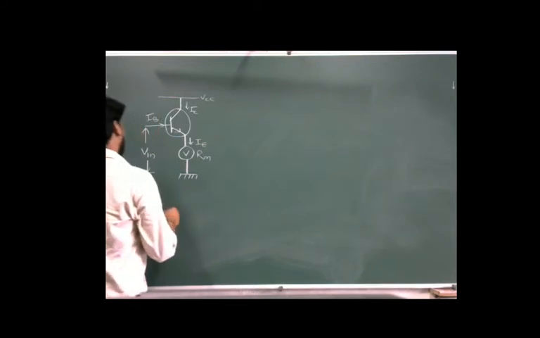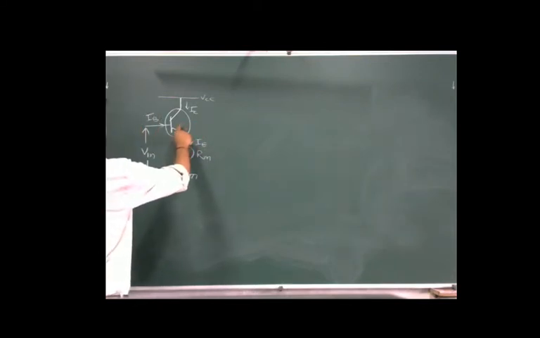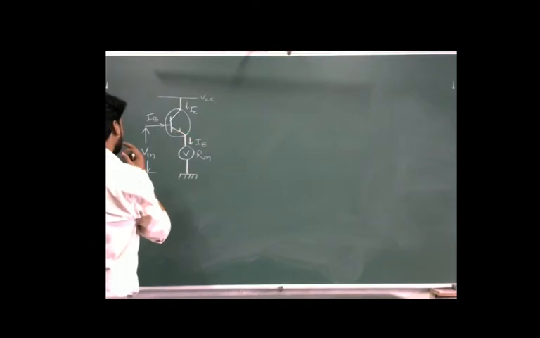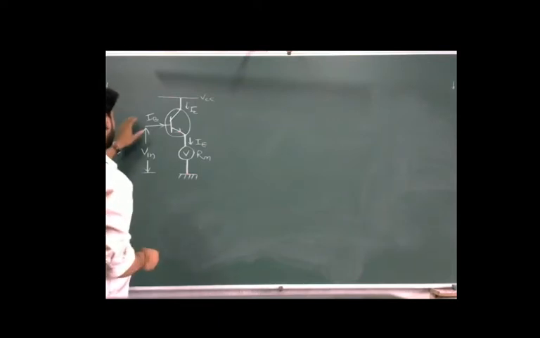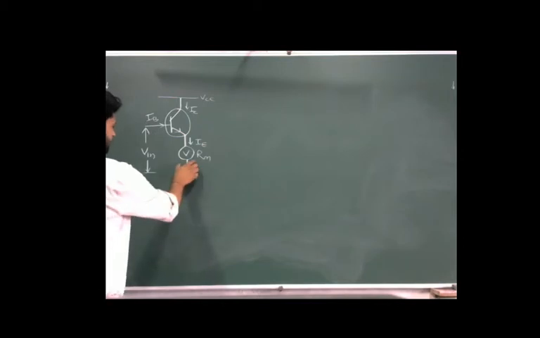By adding the emitter follower BJT transistor, we can reduce the loading, and the input impedance is relatively very high compared to the impedance of the voltmeter.